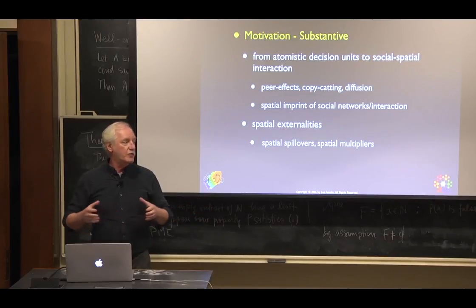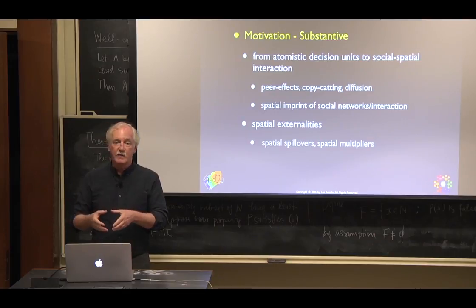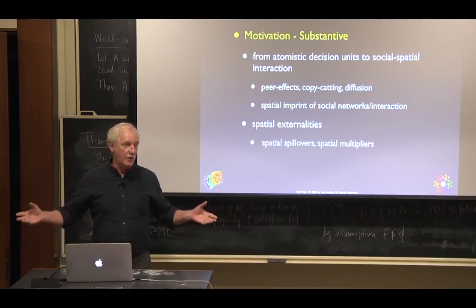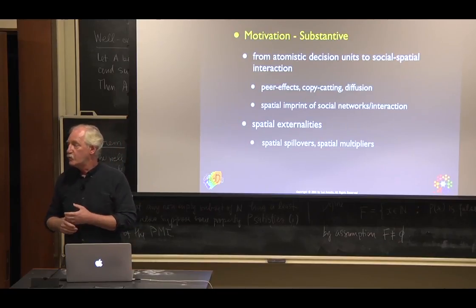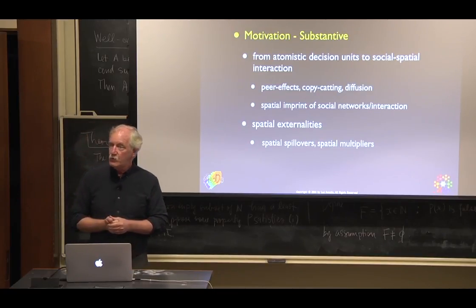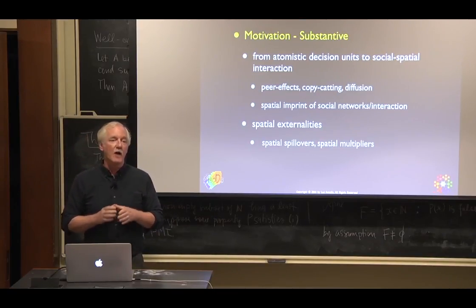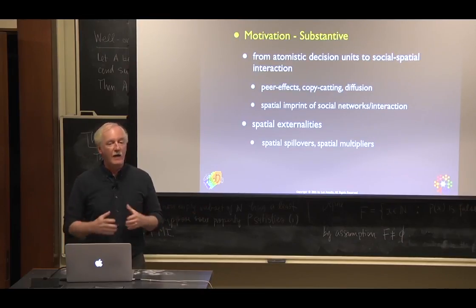So let's say if you do a crime intervention in one particular neighborhood, it not only affects that neighborhood, but also the surrounding neighborhoods. That's an important concept that we will try to quantify in the sense of how far does this go and how strong is it.